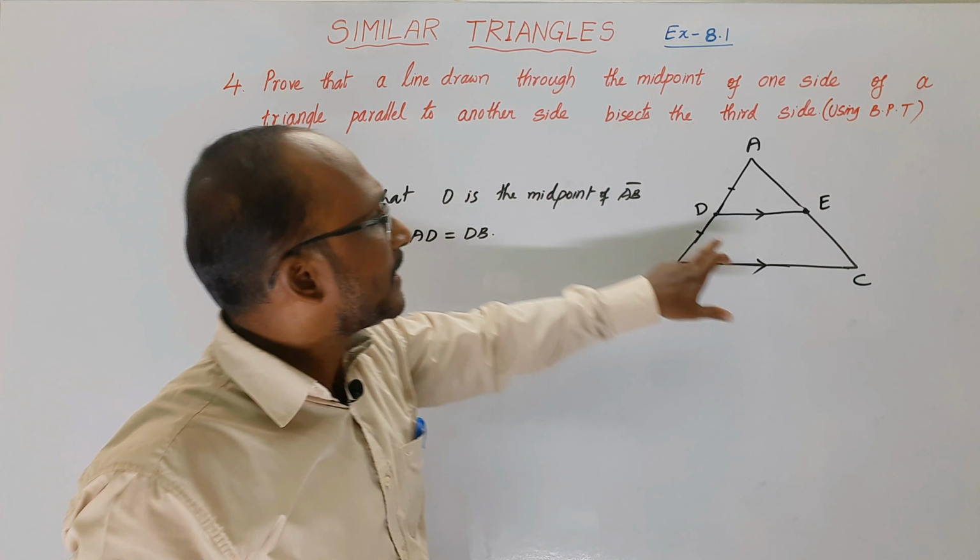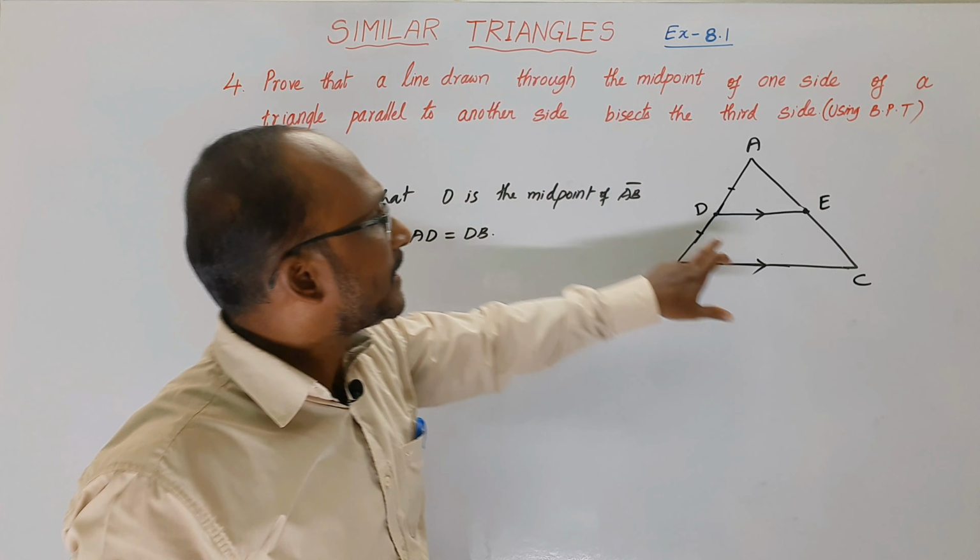Students, to prove this result, first let us consider the given conditions. Of those, let us take the first condition. What is that? In triangle PQR, it is given that PS by SQ is equal to PT by TR. So, from this we can say that ST is dividing these two sides PQ and PR in the same ratio.